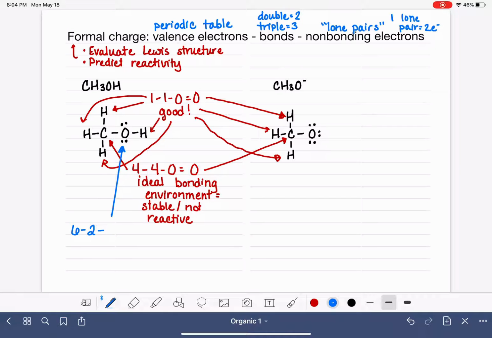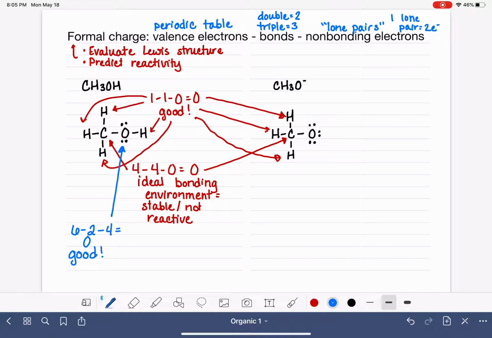Again, here we're not counting the number of lone pairs, we're counting the number of electrons in lone pairs. So that guy has a formal charge of 0, which means again that this oxygen atom is good. All of the atoms in CH3OH all have a formal charge of 0.